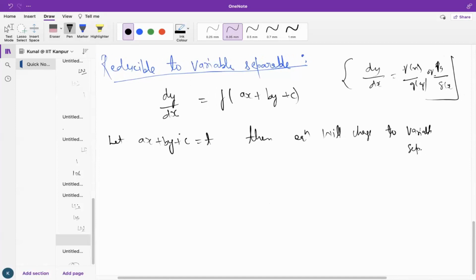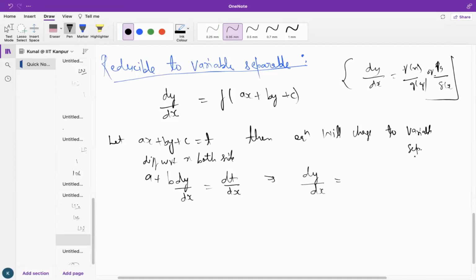So what will we get? We are differentiating with respect to x on both sides. So when we differentiate, we will get a plus b dy by dx, and the c will be 0 because it is constant, is equal to dt by dx.